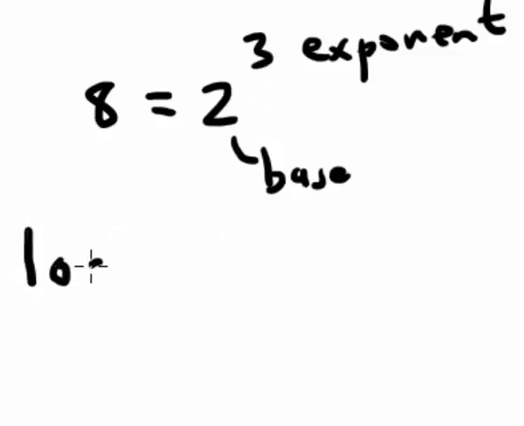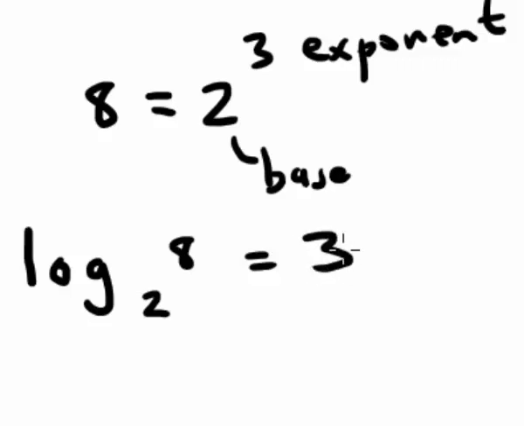Now notice the symbol: log of 8 to base 2 is equal to 3. So I'm giving the exponent another name. I'm saying the exponent is the logarithm, or we call it log, of 8, and the base gets written slightly underneath. It's called log 8 to base 2.